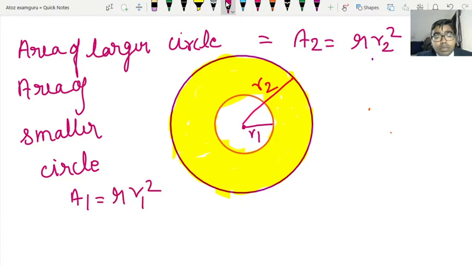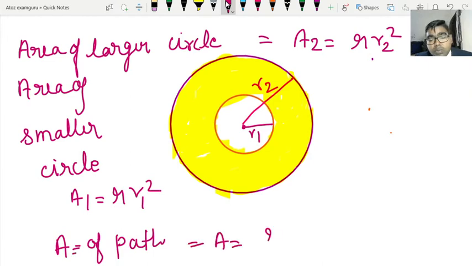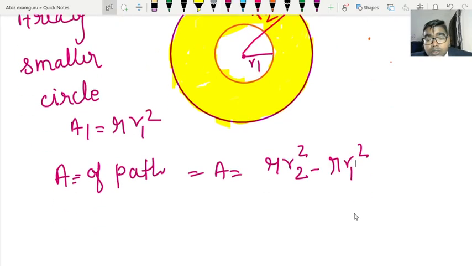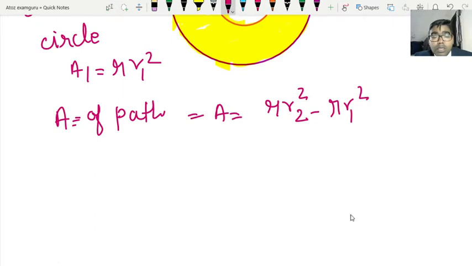So the area of the shaded region will be equal to pi r2 square minus pi r1 square, or you can write it as a equal to pi into (r2 square minus r1 square).